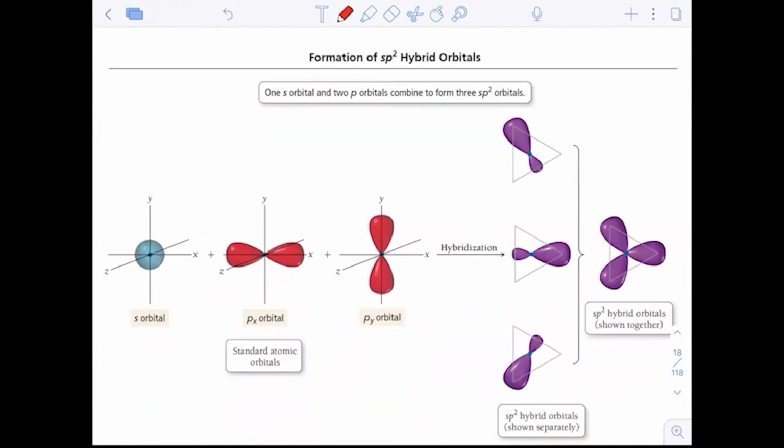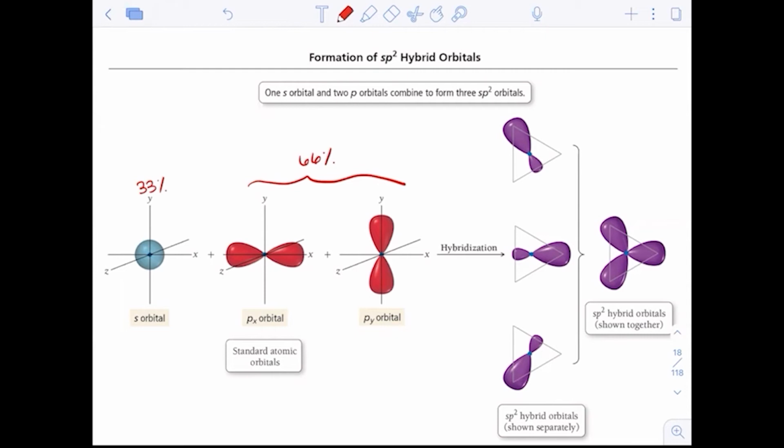Let's see a nice image here. For our hybrid orbitals, we'll see an image for our pi bond, our unhybridized p orbital, and then we'll go into merging them. Okay, so 1 s, 2 p's. Notice that now we are at 33% s, 66 or 67% p.